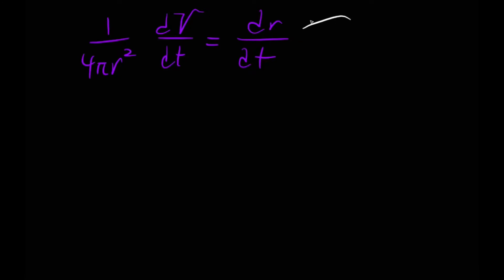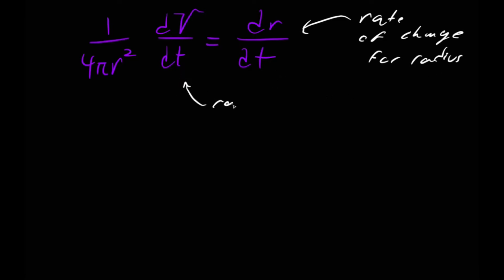This, right there, that's the rate of change for radius. This is the rate, we'll call it ROC, the ROC of volume. And this is our input for R.